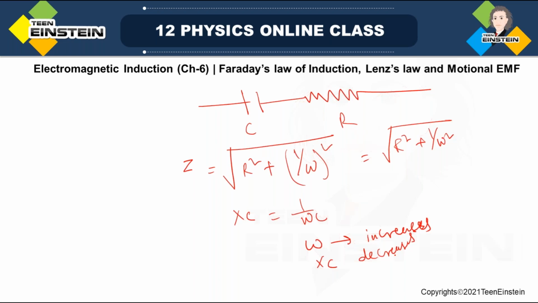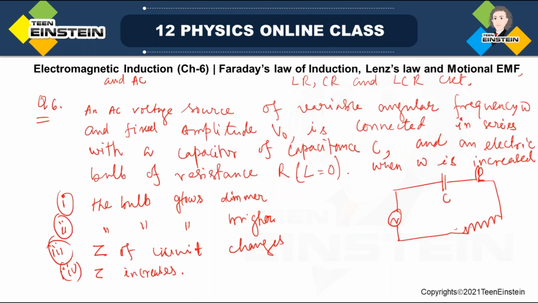Therefore, the bulb will actually glow brighter, because the total impedance decreases. So the bulb will glow brighter. That's the answer.